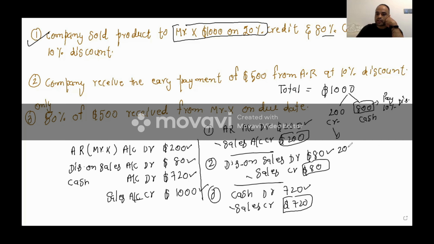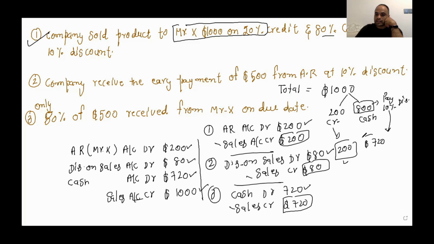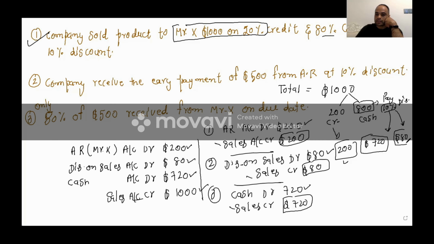So that means you got 3 numbers. One is 200, which is credit sales, right? Then you got 720, that is cash sales, right? And you are giving discounts, which is $80. So we got 3 different amounts.